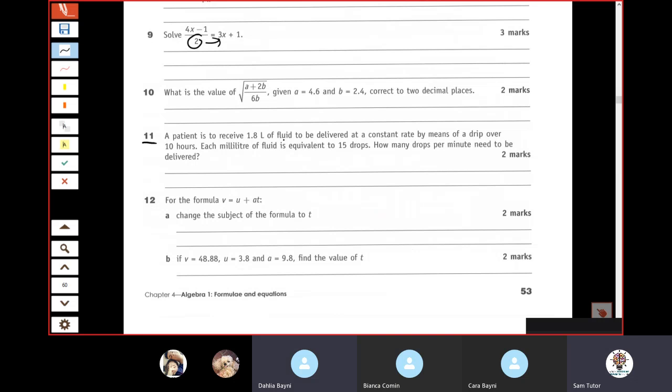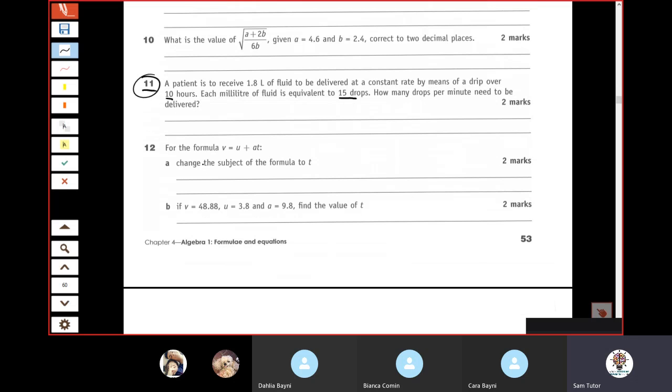A patient is to receive 1.8 liters of fluid to be delivered at a constant rate by means of a drip over 10 hours. Each milliliter of fluid is equivalent to 15 drops. How many drops per minute? Okay, first read that and we'll do it together. Read it, maybe do what you think you would do.